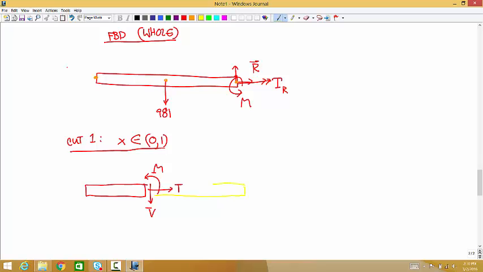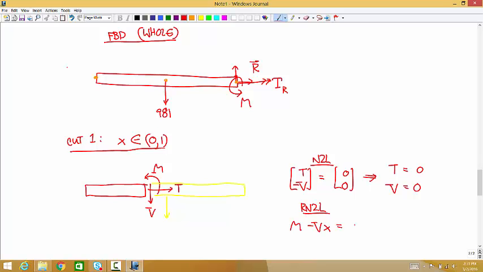I can't read you guys. Okay. Newton's second law says T negative V is equal to 0. So T is 0, V is 0. The moment equation says M minus Vx is equal to 0.